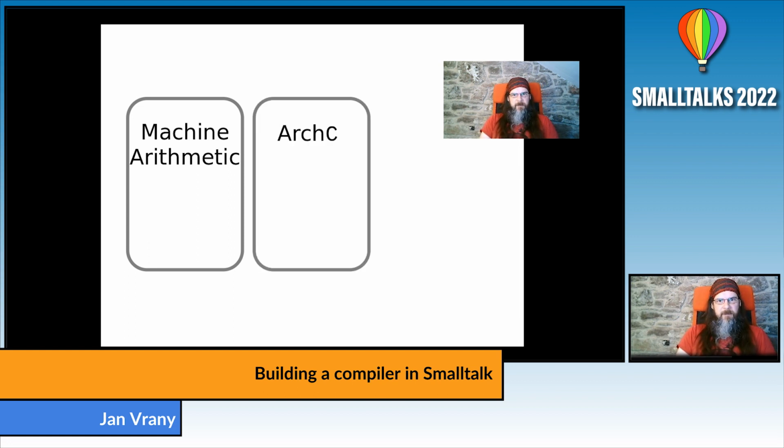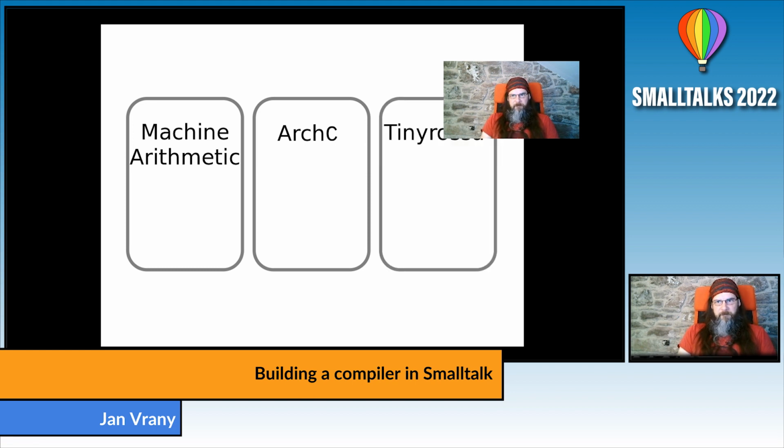The second bit I'm going to talk about is ArchC. That's our library or component, if you will, to work with different ISAs, different architectures, like MIPS, Power, x86, ARM, and work with instructions, encode the instructions, decode, that kind of thing.